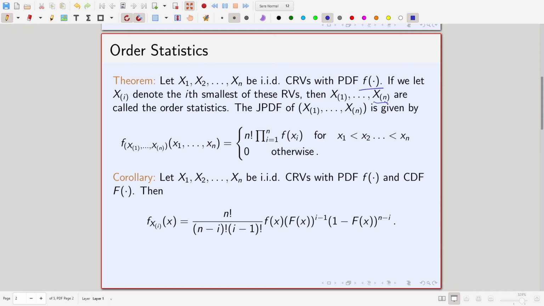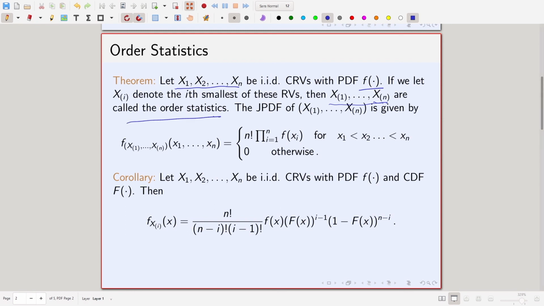So you have n IID continuous random variables. IID means independent and identically distributed, with probability density function small f. Now if we let x bracket i denote the ith smallest of these random variables, then the collection x bracket 1 up to x bracket n is called the order statistics.